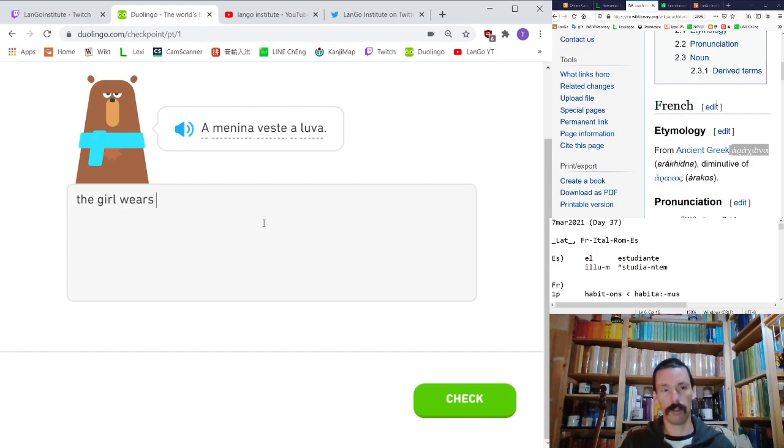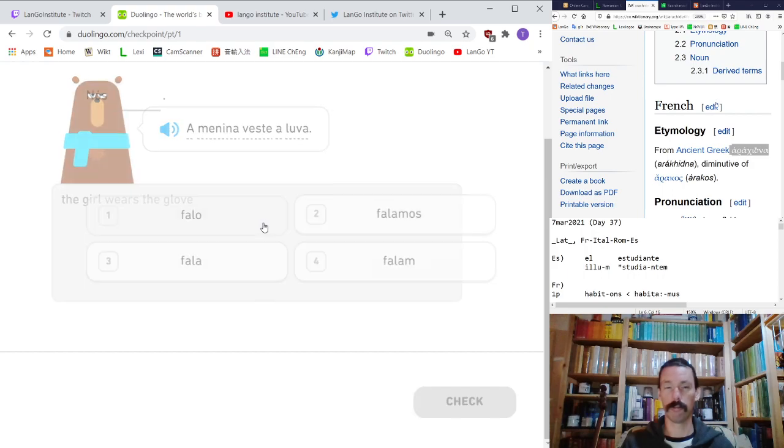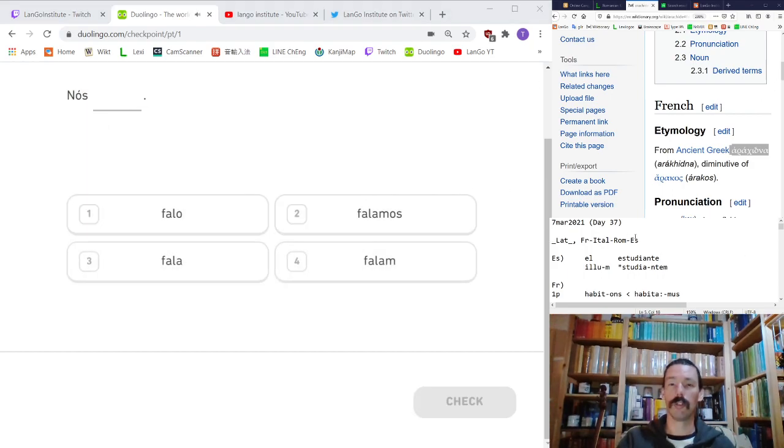Veste, wears, looks like vest but it's the same again. And luva is, I think, related to our word glove. And we're doing Portuguese. And I just want to talk about these article words. Portuguese. So, feminine, the. Comes from Latin illam.